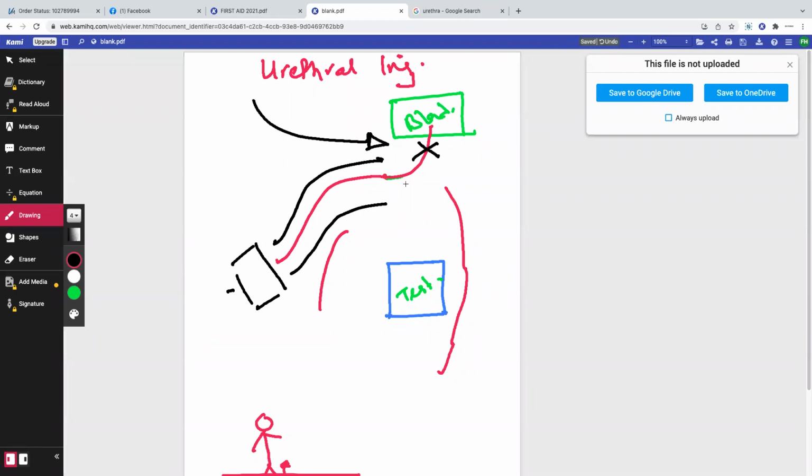Can we have damage of the upper portion of the urethra? The answer is yes. Why do we not get damage of the lower portion of the urethra? That's because the lower portion of the urethra is covered by the corpus cavernosum. So there is a very low chance that a pelvic fracture can cause an anterior urethral injury. Most of the time, a pelvic fracture will cause a posterior urethral injury, or a membranous urethral injury.